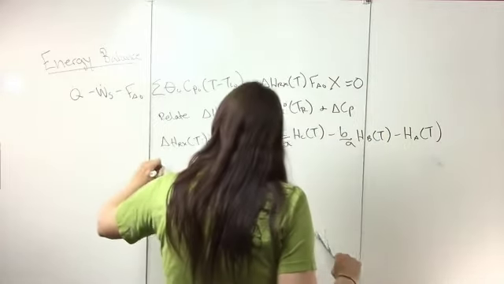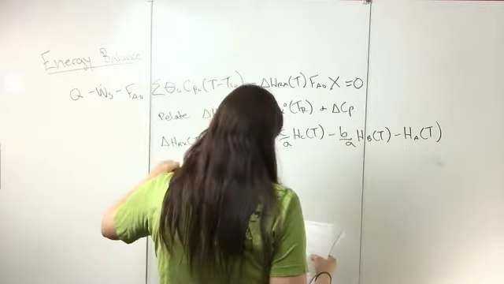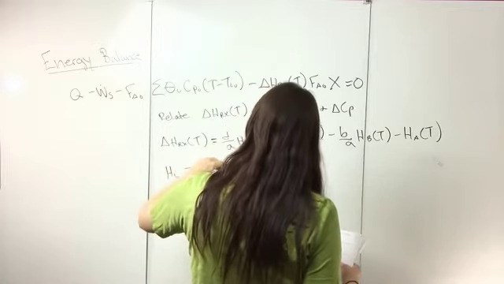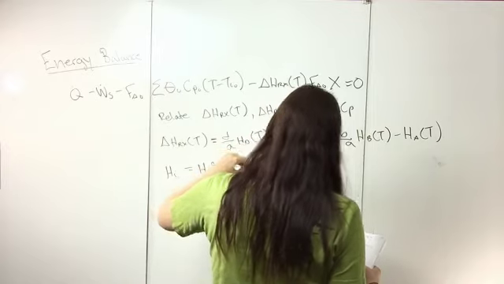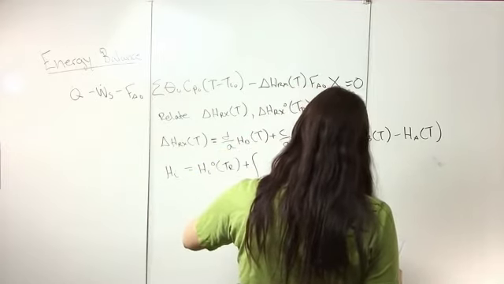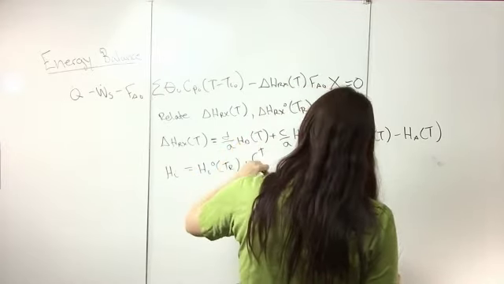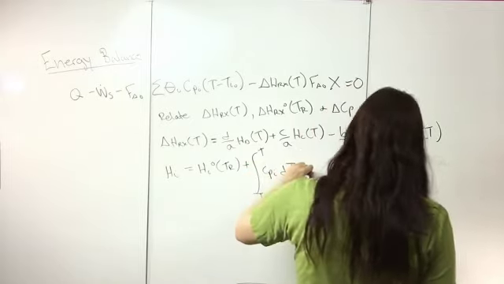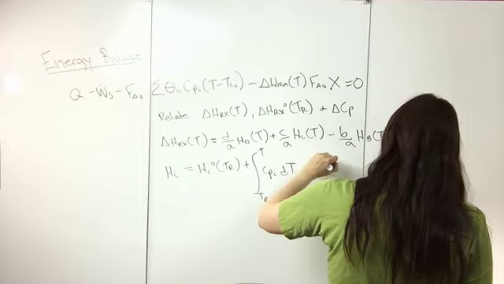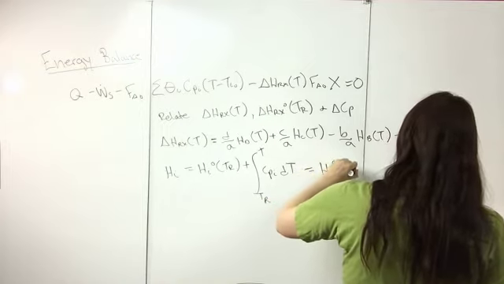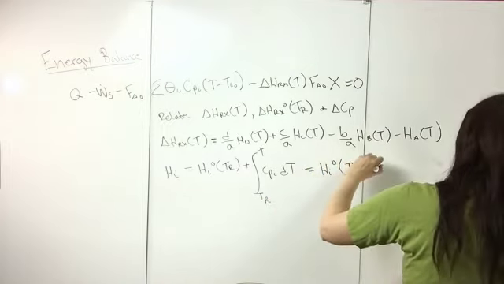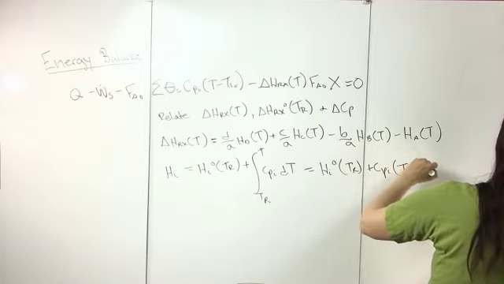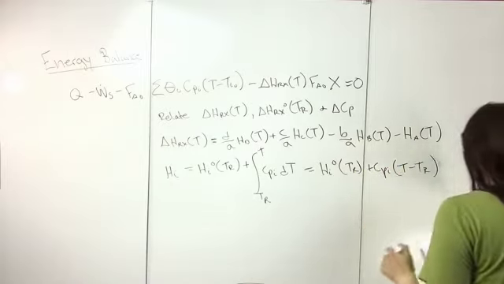And we also know that the enthalpy is equal to the enthalpy at some reference temperature plus this integration of Cpi dT, and this was equal to the enthalpy at this reference temperature plus Cpi (T minus T reference).